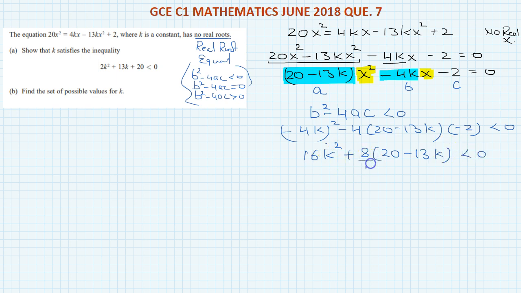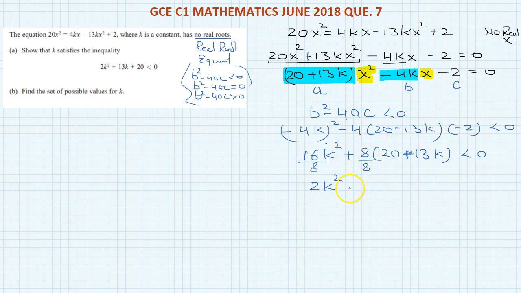Now this is 8, we divide all sides by 8. So this is 2k square, and again we are getting a problem here with minus 13. When it comes to this side, it will become positive.